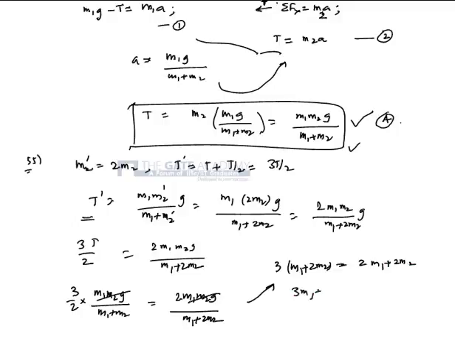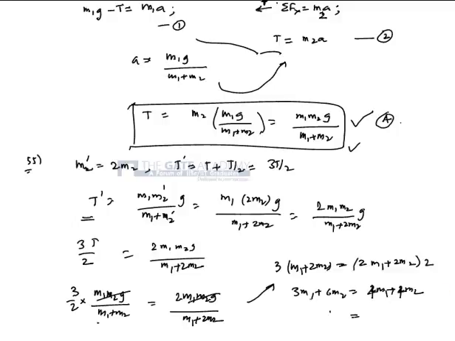So what I get is M2, which is 2M1 plus 2M2, and here I'll be having 2M1 plus M2. There'll be 4 here, so I'll have 4M1 plus 4M2.